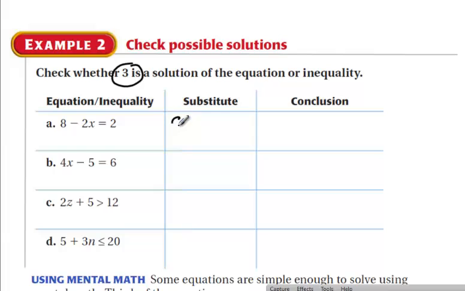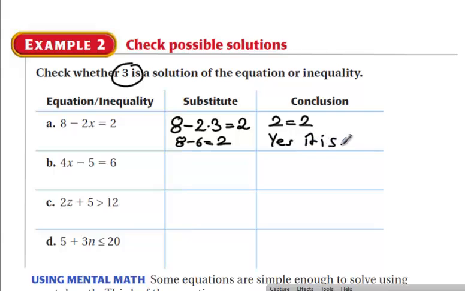So 8 minus 2 times 3 equals 2. Now, when we calculate this, 8 minus 6 equals 2, and in conclusion we found that 2 is equal to 2. Yes, it is. So 3 is a solution.